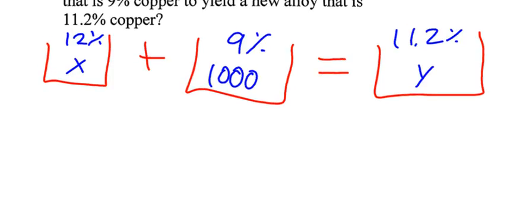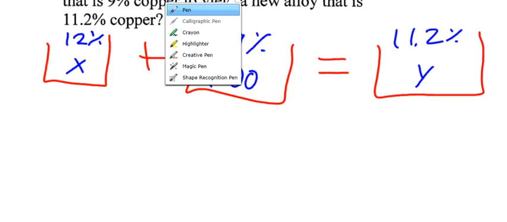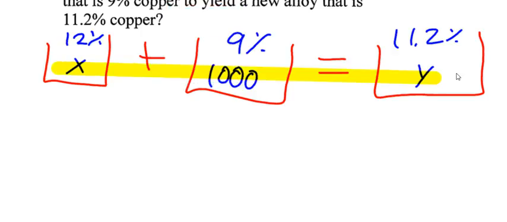So your two equations from these problems all the time, once you set up your buckets, it's always one time straight across the bottom with just your amounts. That's one equation. So that's X plus 1,000 equals Y. And the other equation is when you multiply all your buckets together.